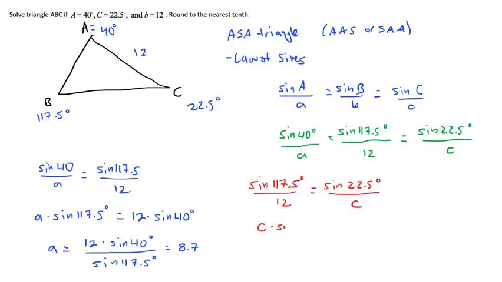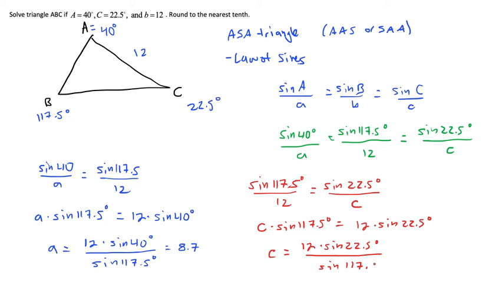So C times the sine of 117.5 equals 12 times the sine of 22.5, and then we'll divide this out. So C will equal 12 times the sine of 22.5 all over the sine of 117.5.